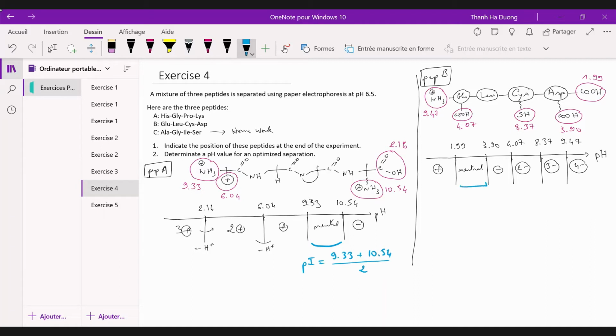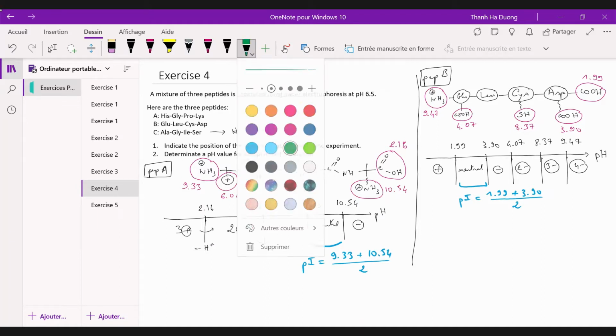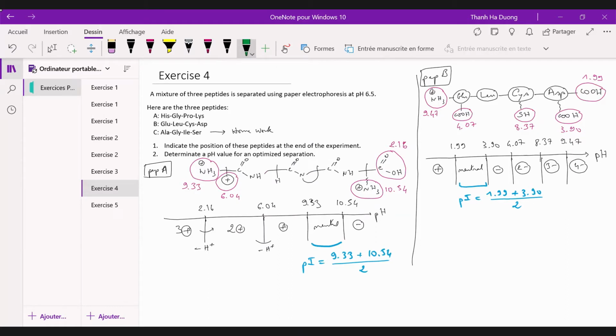Here I have the neutral form of peptide B. So the pI of peptide B will be 1.9 over 2. Okay? So for my 2 peptides, you will do the same for peptide C, but at pH 6.5, peptide A will be positively charged.